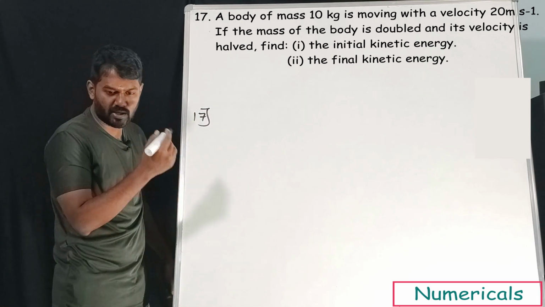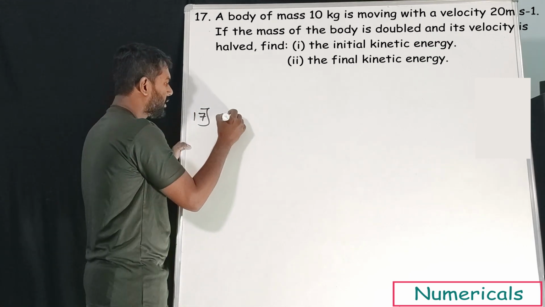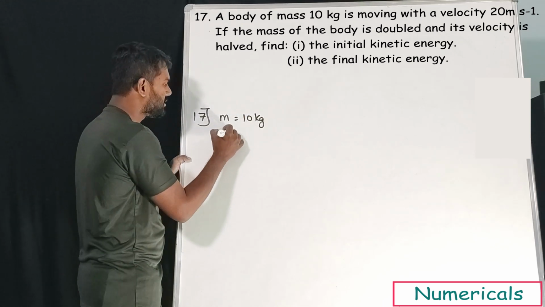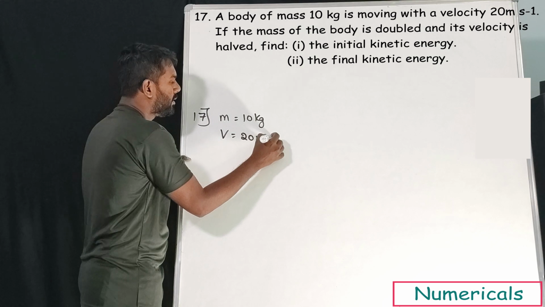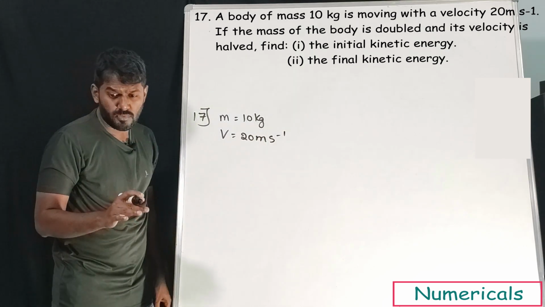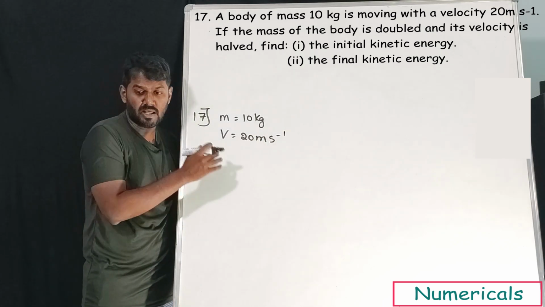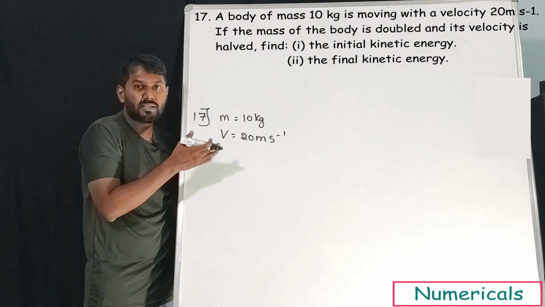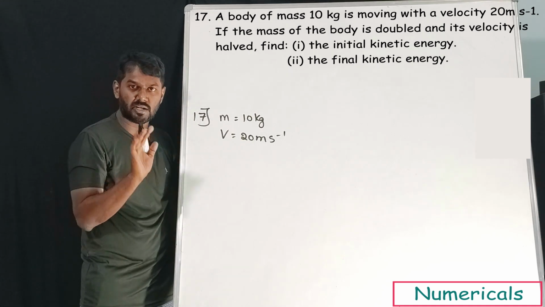First we'll write the given data. Mass of the object is equal to 10 kg. Then velocity is given as 20 meter per second. Now after giving this data, he is telling if the mass is doubled. Now again he is talking about a different mass and different velocity, right?